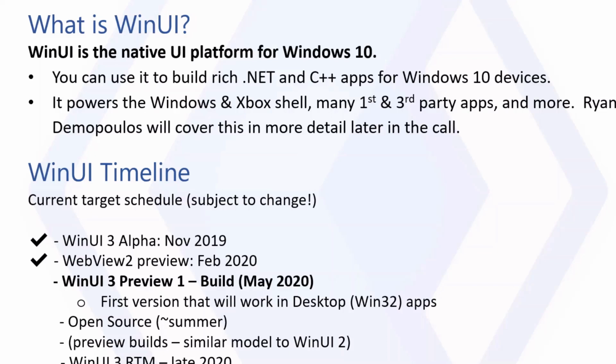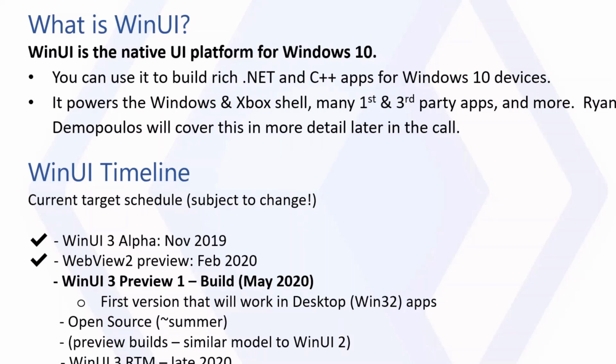For our timeline for WinUI 3, here's our current target schedule, subject to change, of course. Last November, we released WinUI 3 Alpha, and last month, we released WinUI 3 Alpha Preview, which has WebView 2 in it, the Chromium-based WebView.